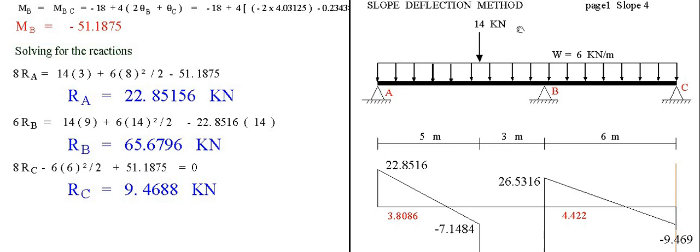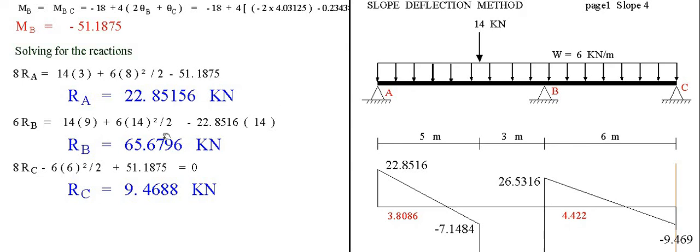So this moment RA times 8 is equal to 410 times 3 plus 6 times 8 total load times 8 over 2, or WL square over 2, minus the moment at B, 51.1875. Then we have one variable RA. This is now the value of RA. We can solve this because we have only one variable, 22.85156.